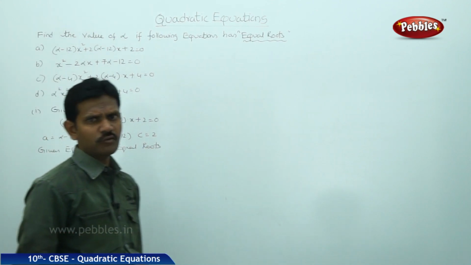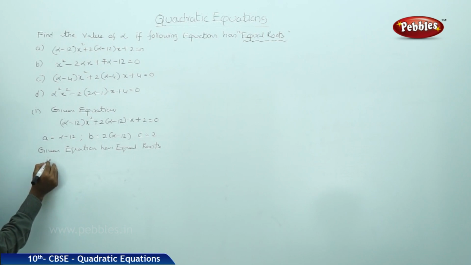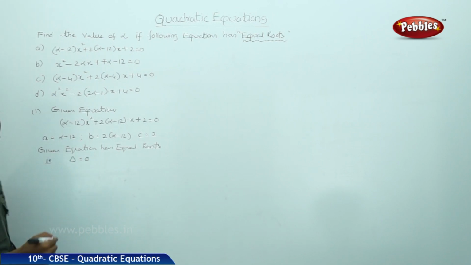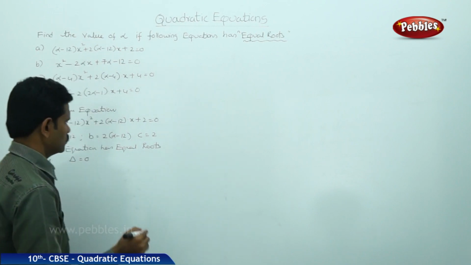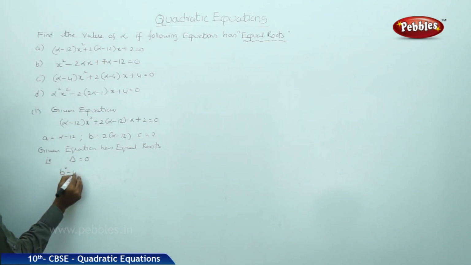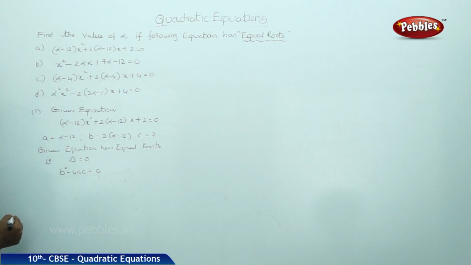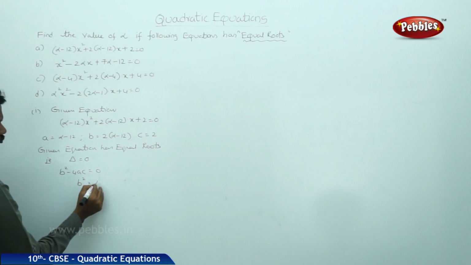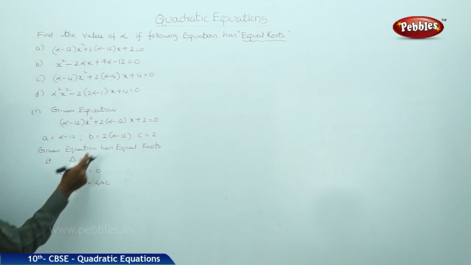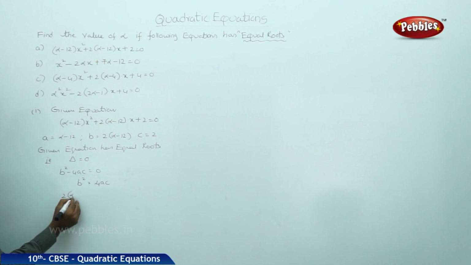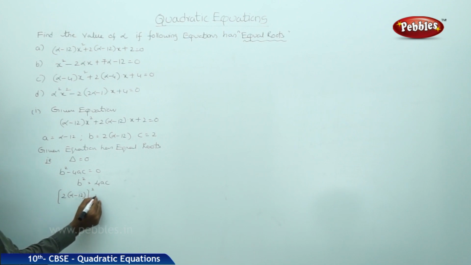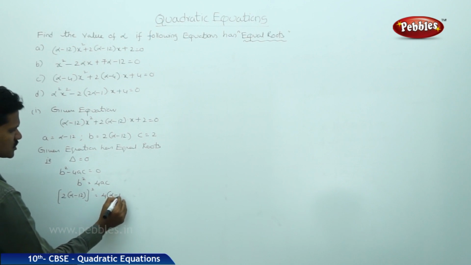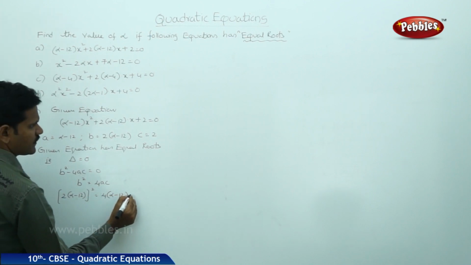Given equation has equal roots, that is, delta is equal to 0. That is, the discriminant is equal to 0. Delta, nothing but b square minus 4ac, is equal to 0. That is, b square is equal to 4ac. B value 2(alpha - 12) whole square is equal to 4 into a value alpha - 12 into c value 2.